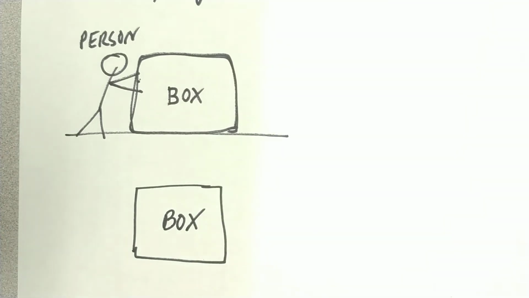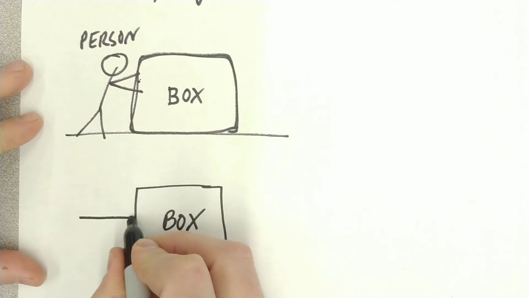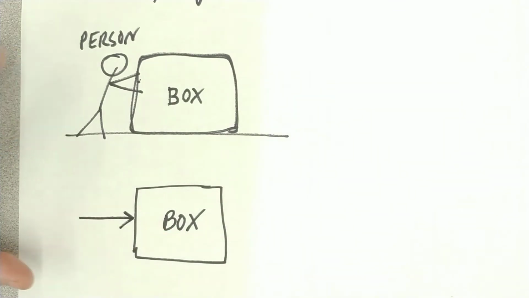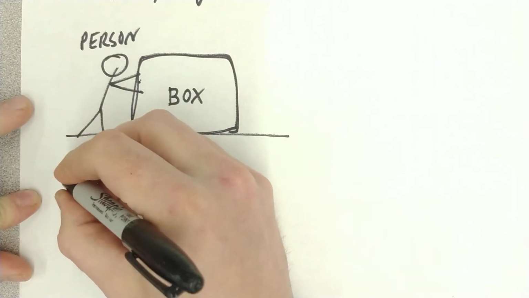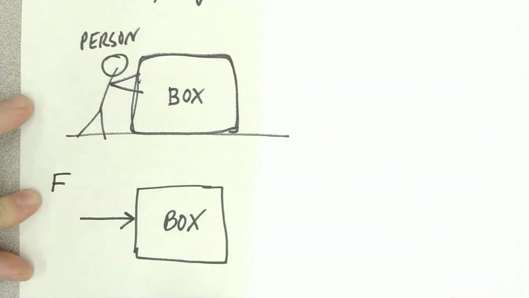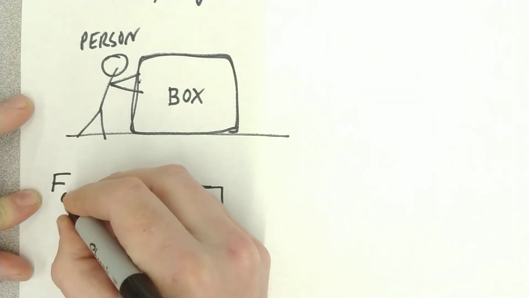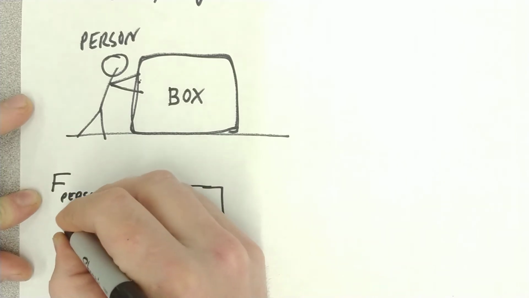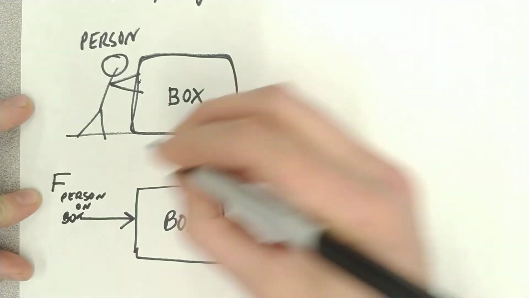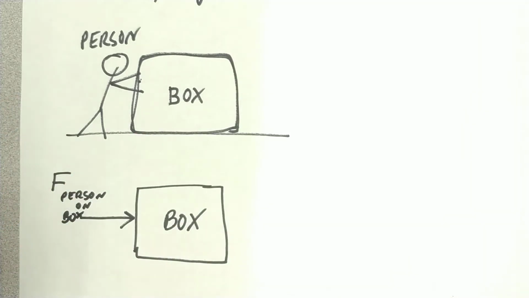All right. Well, the force of the person we represent with an arrow. Okay. And we give it a name, and we call it the force of the person on the box. Force of the person on the box. All right.